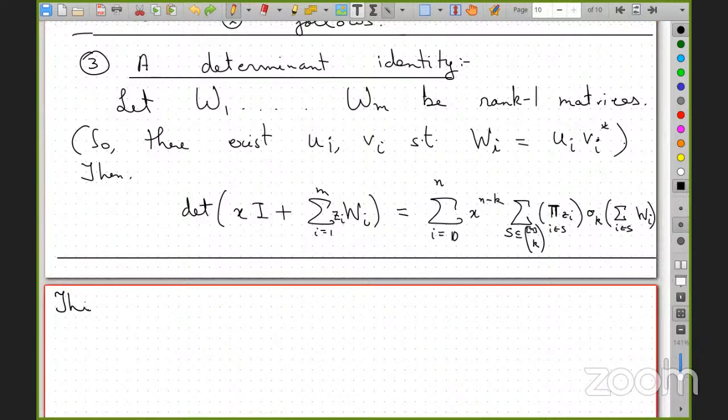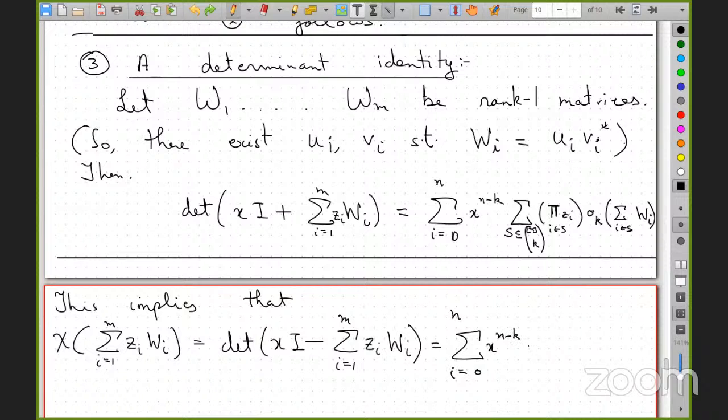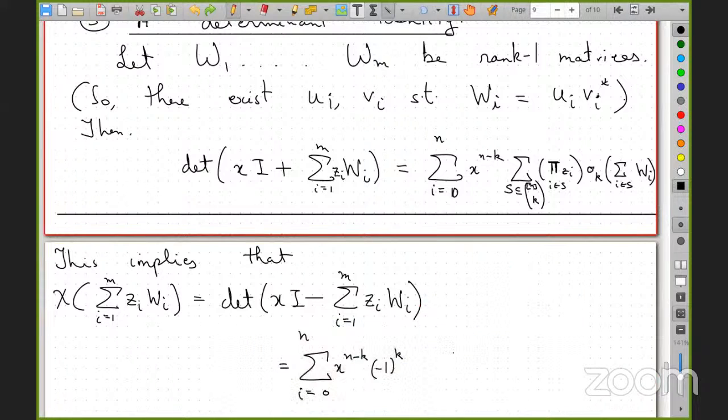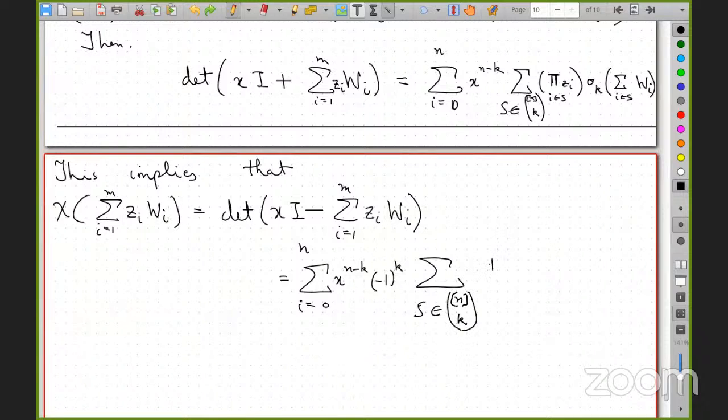So this implies that the characteristic polynomial of the summation zi Wi, which is that of xI minus the summation of i going from 1 to m of zi Wi, is exactly the sum over k from 0 to n of x to the power n minus k times minus 1 to the power k, sum over S, a k-element subset of n, product of zi, times sigma k.